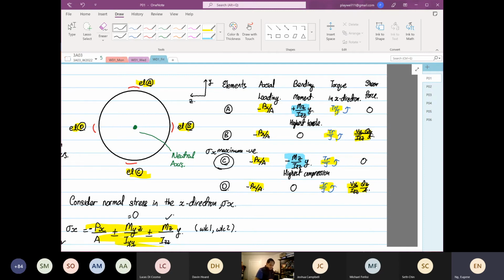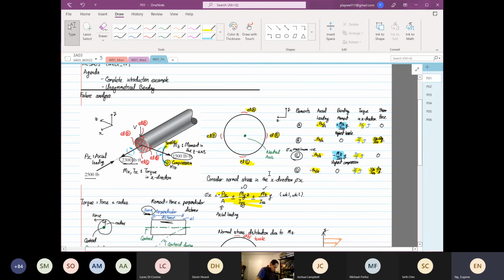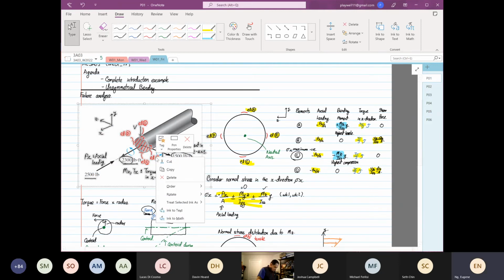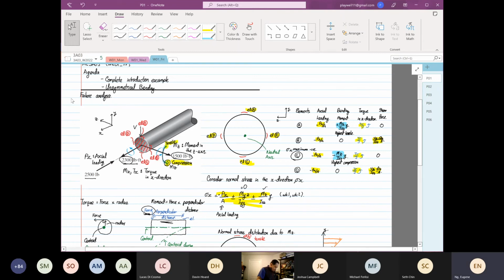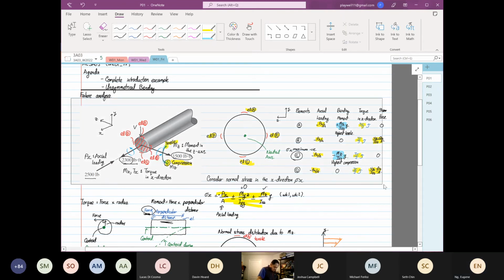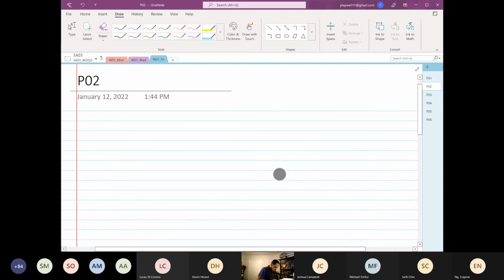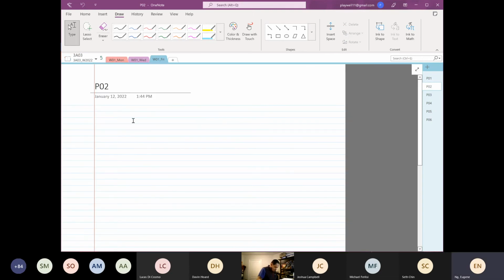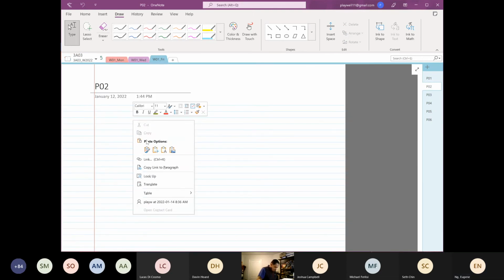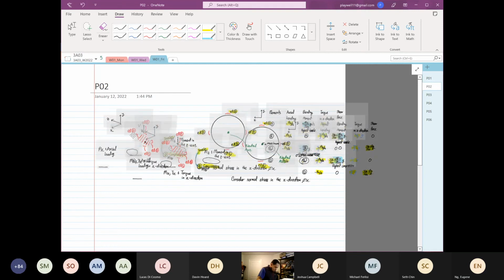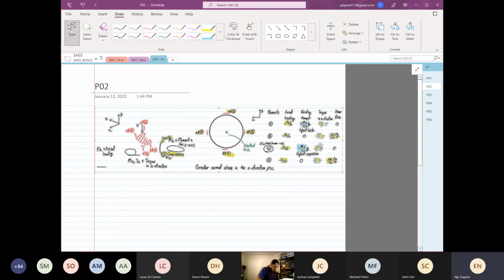Next, I'm going to copy this diagram over here, or you know what, I'll get the whole thing over there. I'm going to paste over here so that you can see better. The picture did not come.